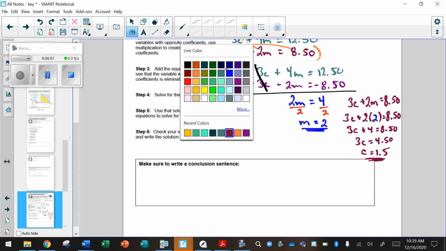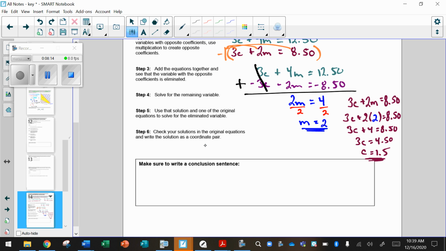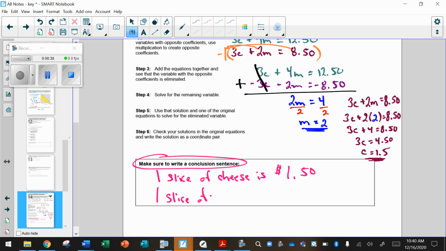And the question did ask to find the cost of 1 slice of cheese and 1 slice of mushroom. So I have to make sure that I write a conclusion sentence. This is a word problem, guys, and a word problem has to have word answers. So 1 slice of cheese, that's the C. The 1.5 means it's $1.50. 1 slice of mushroom pizza.